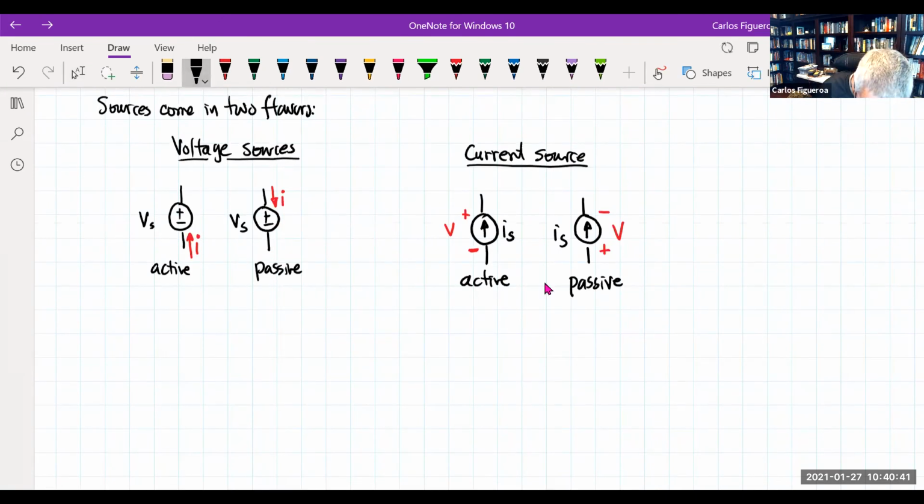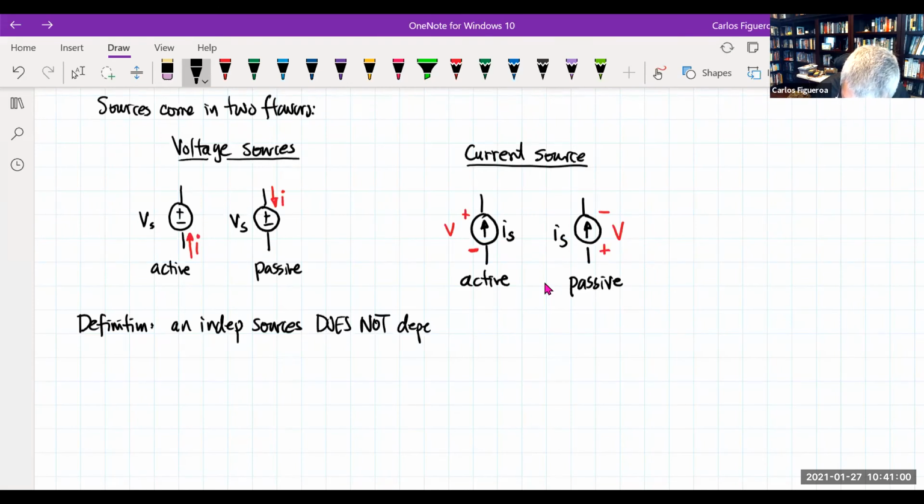If I was to give you a very naive definition of an independent source, I would say that an independent source does not depend on other circuit variables. It does not depend.